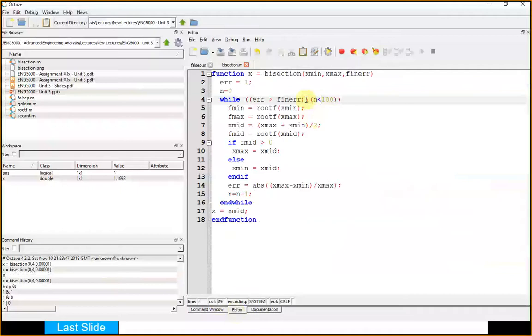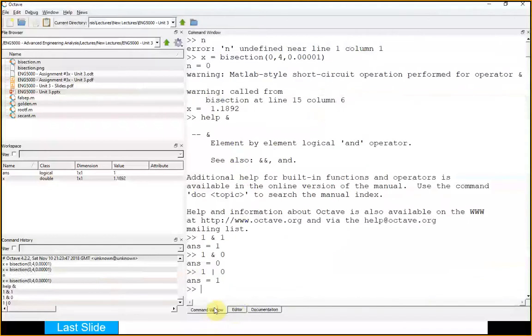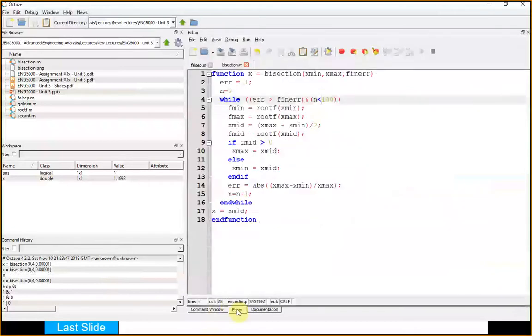But they're saying something with the AND. Use 2 ampersand. Alright, I'll do that. Not sure why that should work, but let's see if it works.